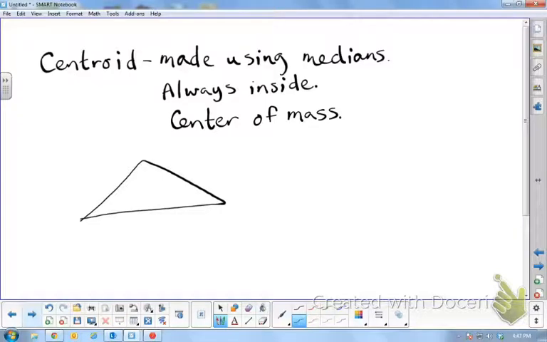So if we're using medians, the median went from a vertex to the midpoint of the opposite side. So there's our first median, vertex to the midpoint of the opposite side. Second median, vertex to midpoint of the third side. So that meets at a point called the centroid.